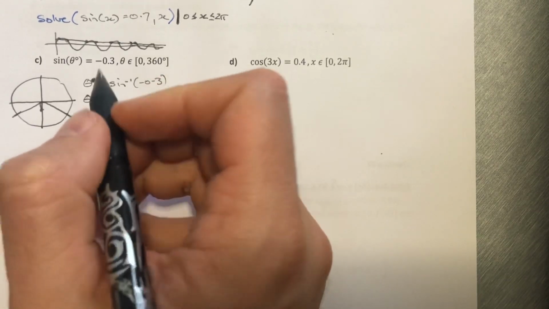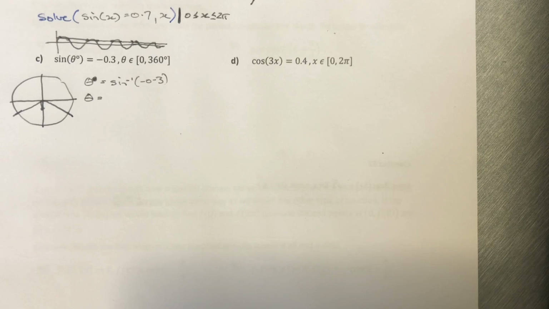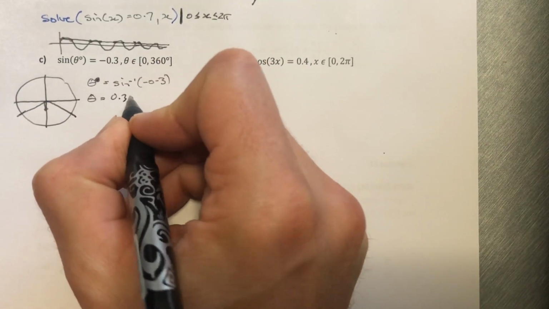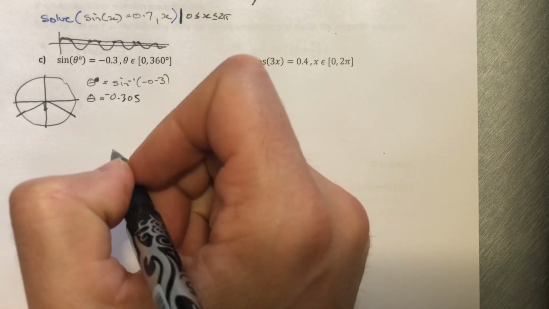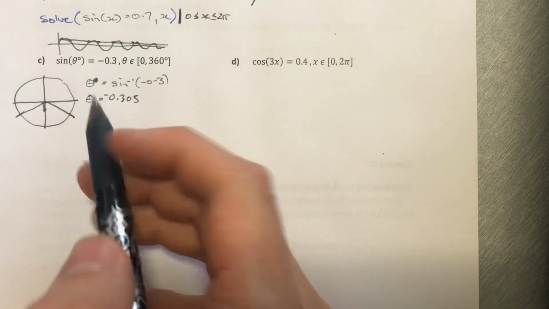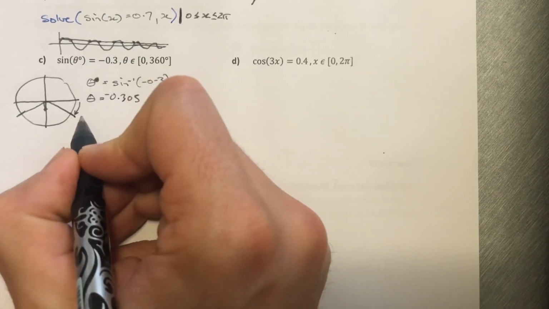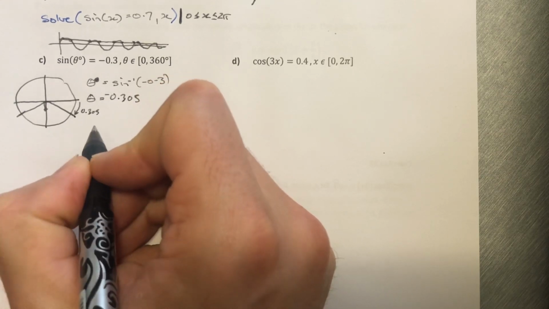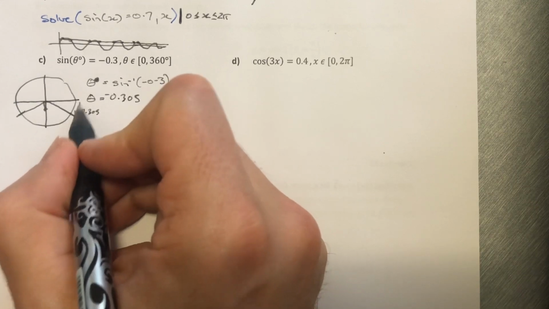So the answer that it should give you is 0.305 negative. So that's telling us, because it's a negative there, it's actually telling us about this angle here. So it's saying that from here to here, that angle is 0.305 radians, and it's in the negative direction. That's why we're going that way.